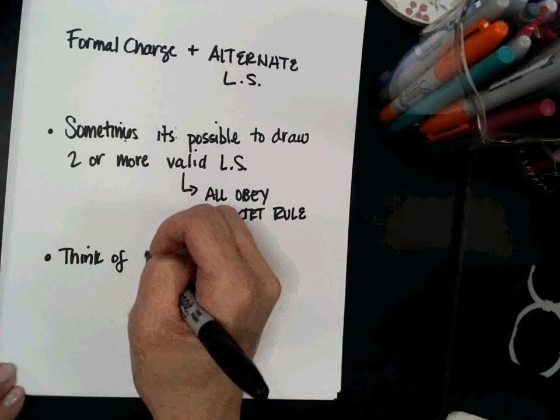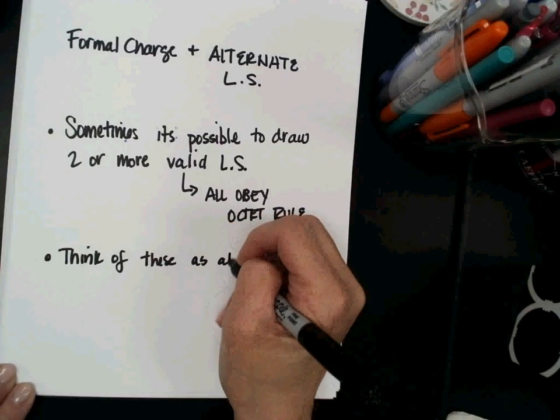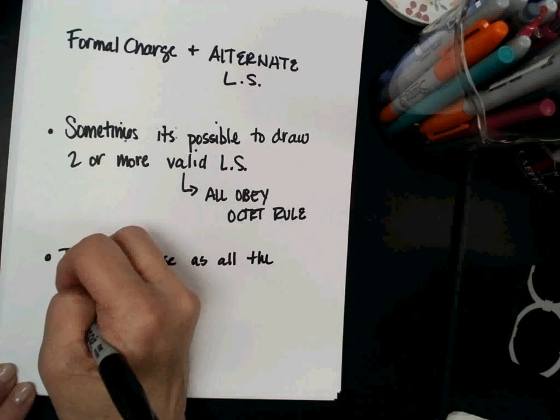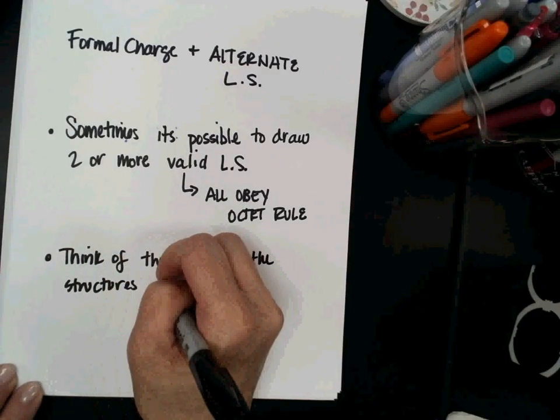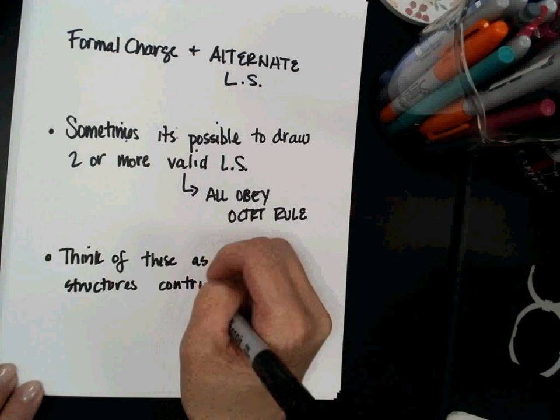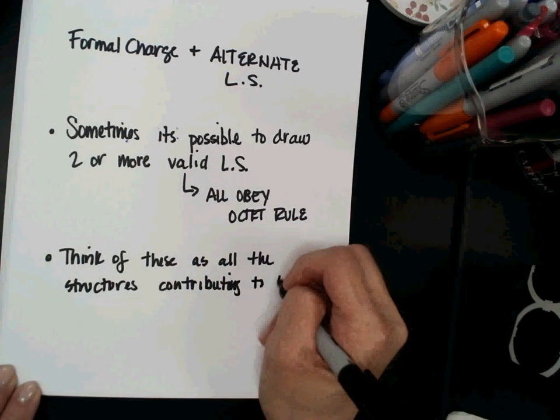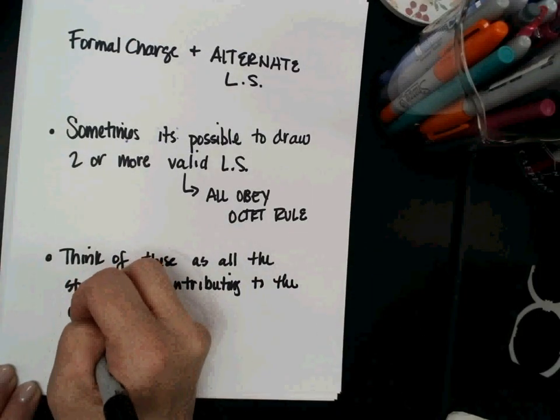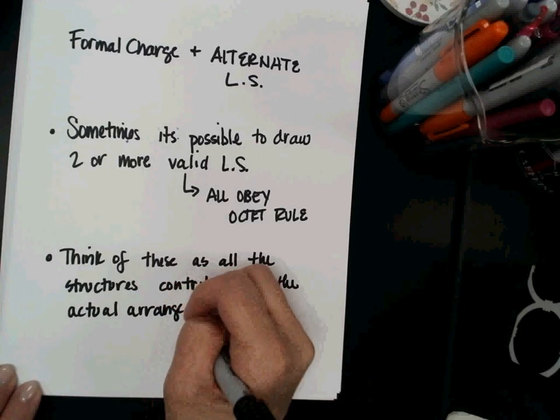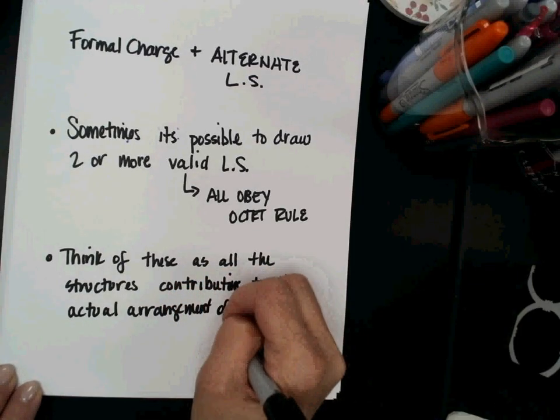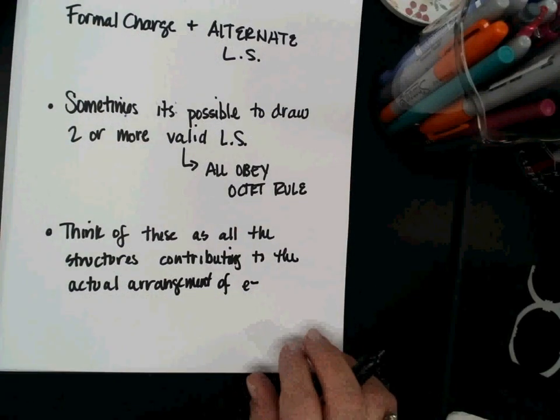So how we think of this is we think of these technically as all the structures that contribute to the actual arrangement of electrons.